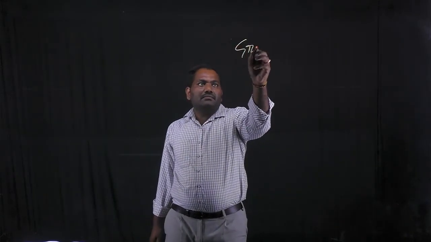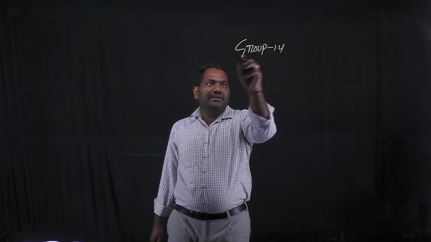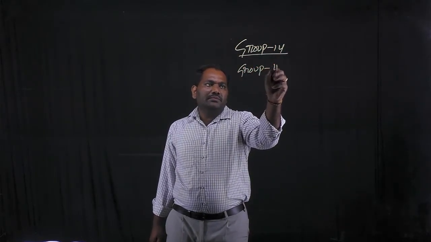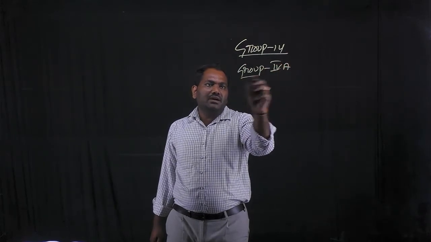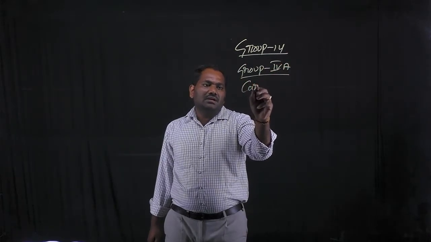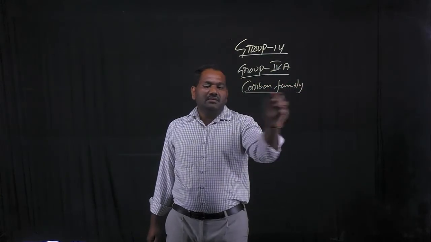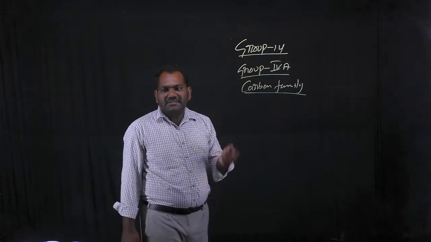Here we are discussing what elements are present in this 14th group. Generally, it is called group 14 or group 4A or carbon family. These are the names of this chapter.